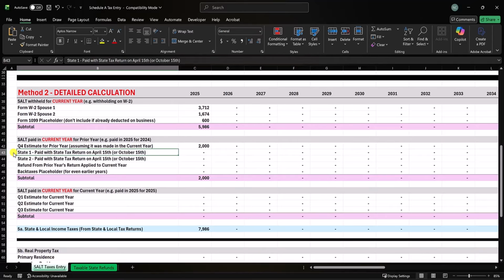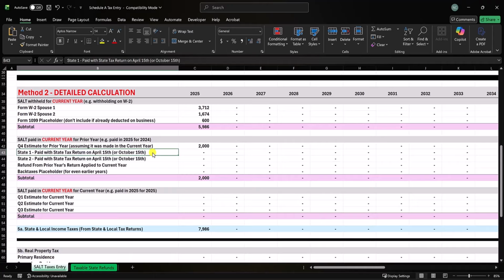Now, the next possible item could be the payment that you make with your state tax return on April 15th. Again, this is assuming that your state follows the federal deadline and that the filing date for your return is going to be April the 15th, or it could be October the 15th if your state allows a 6-month extension, just like federal does.